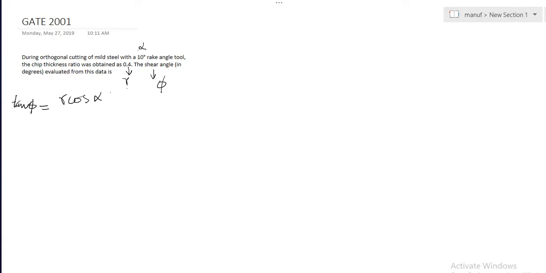So tan phi equals 0.4 into cos 10 degrees on 1 minus 0.4 into sin 10 degrees.